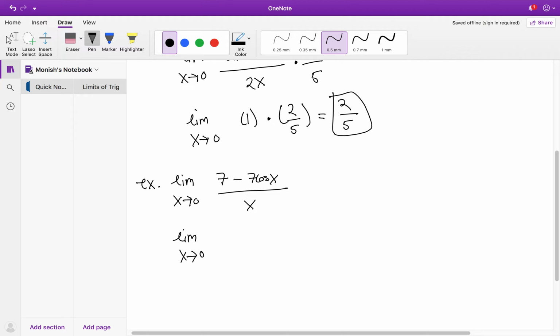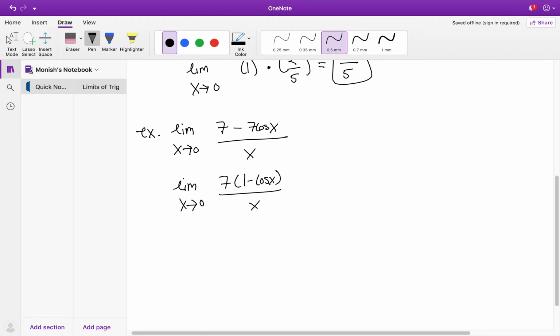All we're going to have to do is factor out this 7, and then inside we'll have a 1 minus cosine x over x. Okay, and as a property of a limit, I can move this 7 to the front. So I have 7 times the limit as x approaches 0 of 1 minus cosine x over x.